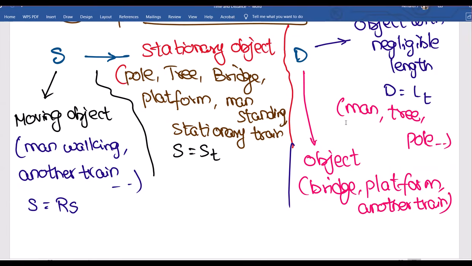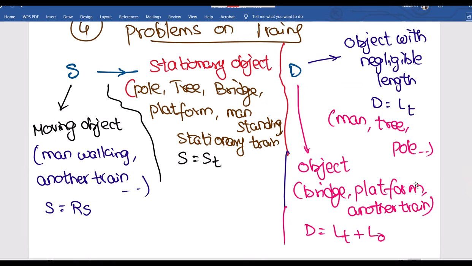In the second case, distance is equal to the length of the train plus the length of the object. That object may be a bridge, that object may be a platform. Length of the train plus length of the object. Clear with this? Now problems on trains will be complete.